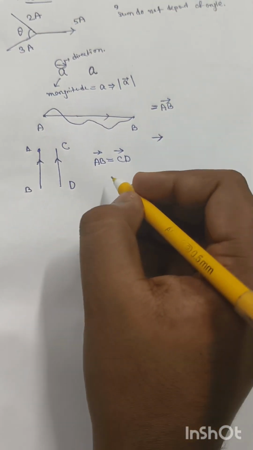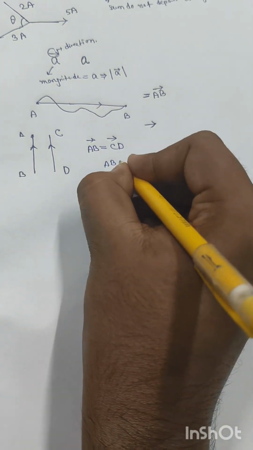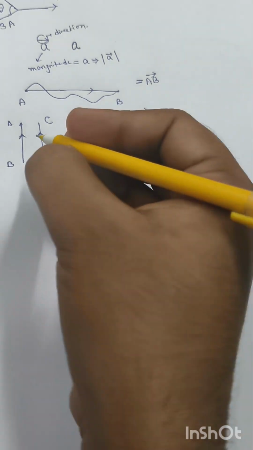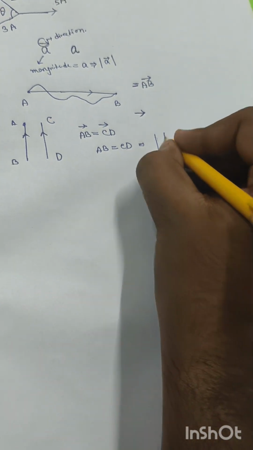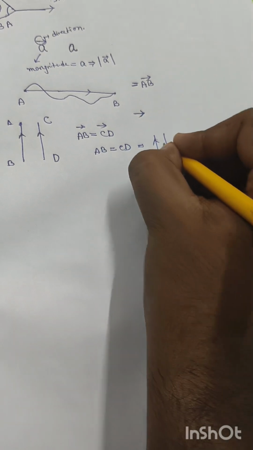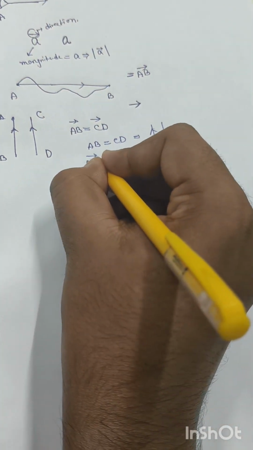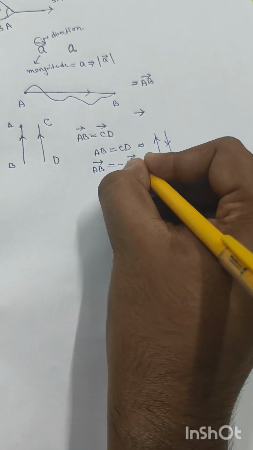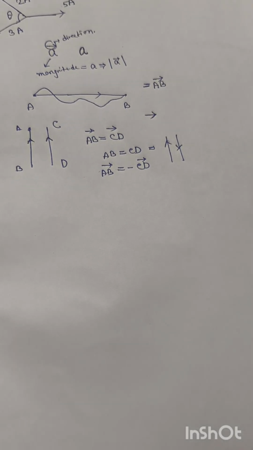Then what is an opposite vector? Opposite vectors mean AB is equal to CD in magnitude, but here the direction is opposite. So how can we represent it? AB equal to minus CD. If the direction changes, then we put a minus.